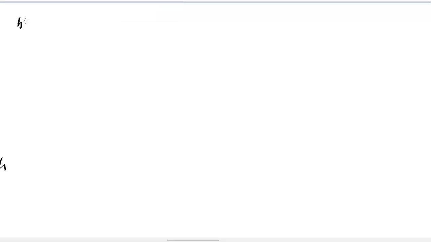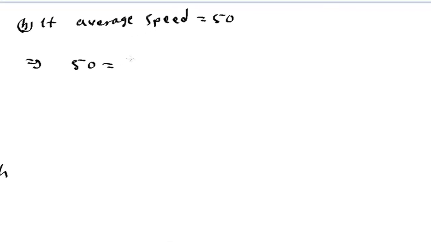You can say B, if average speed is equal to 50, then that means that we are going to get 50 to be equal to the distance, which is 150, over t.